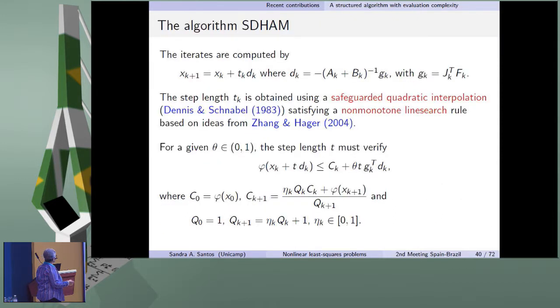The main parts are the computation of the correction for the iterates, where we have to solve this diagonal linear system, which can be solved in order of number of variables effort. And we have a non-monotone line search due to the spectral ideas. We have used the Zhang and Hager line search that uses these elements here, and safeguard a quadratic interpolation for computing the step length based on the Dennis and Schnabel's book algorithm.